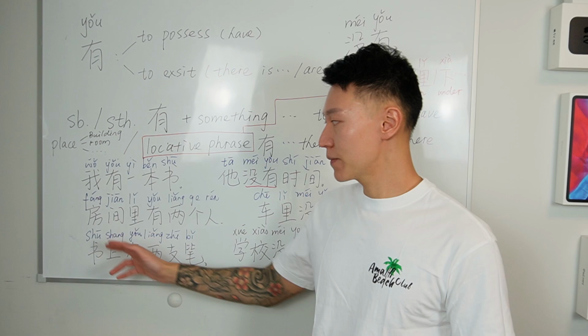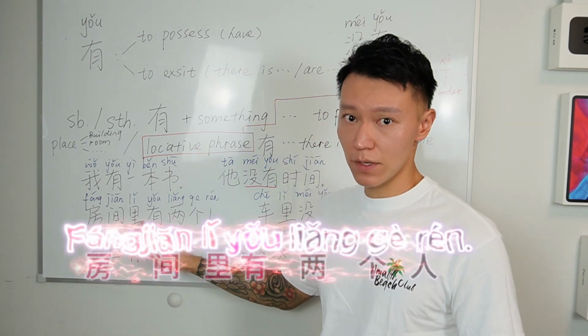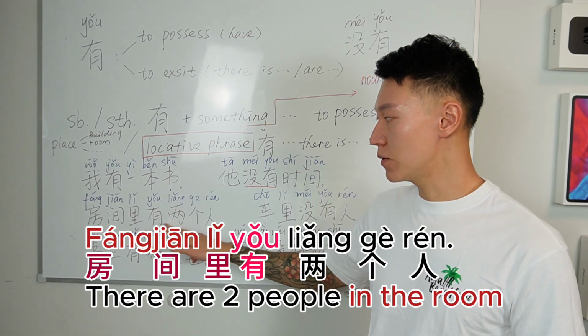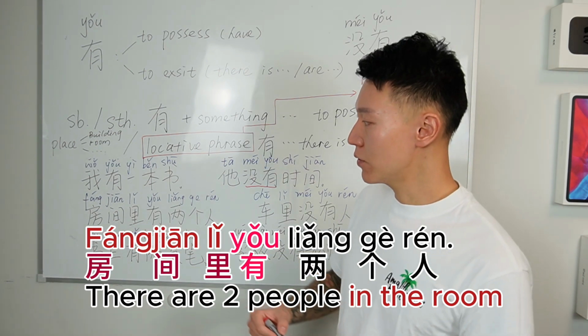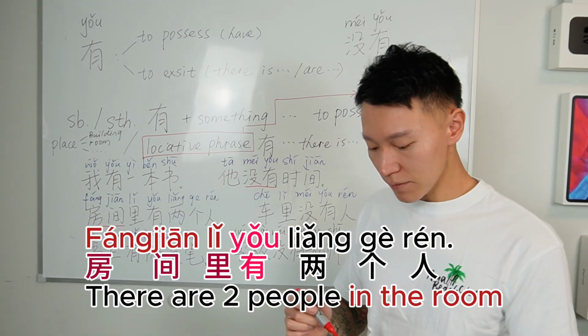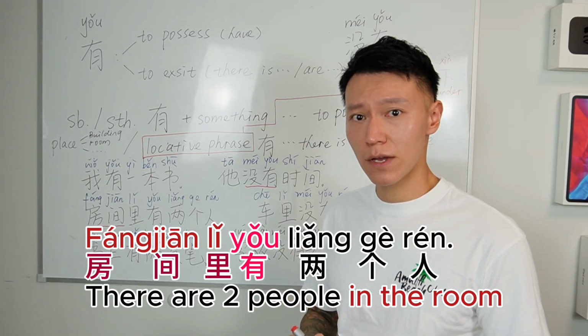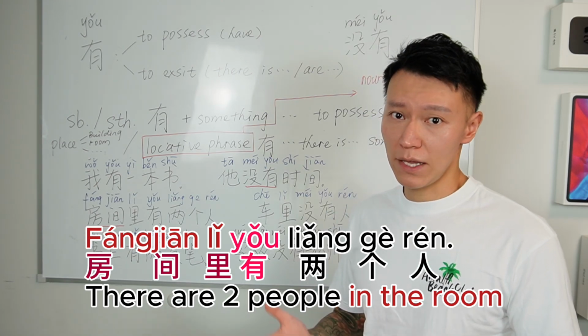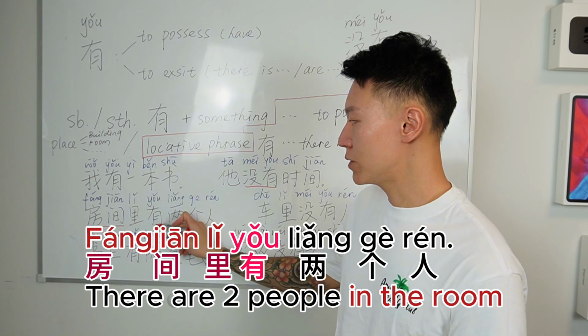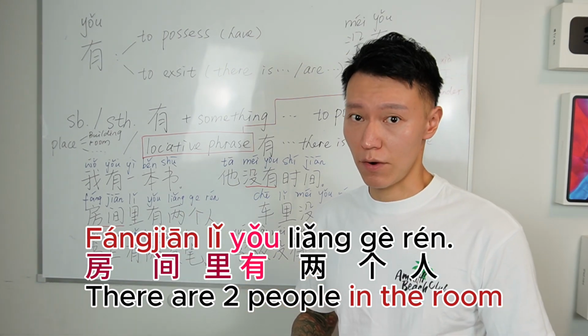Now the third one. 房间里有2个人. 房间里有2个人. So you can see at the beginning of the sentence we have 房间. 房间 is kind of a noun that refers to a place. That is why you know here 有 should mean there is or there are.